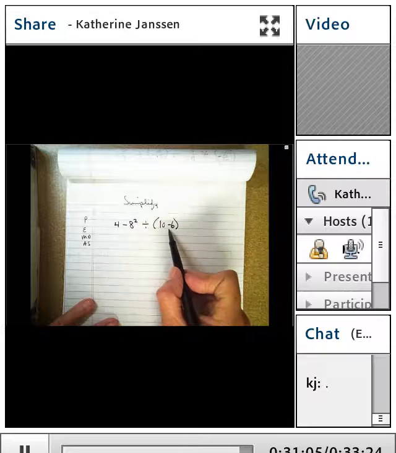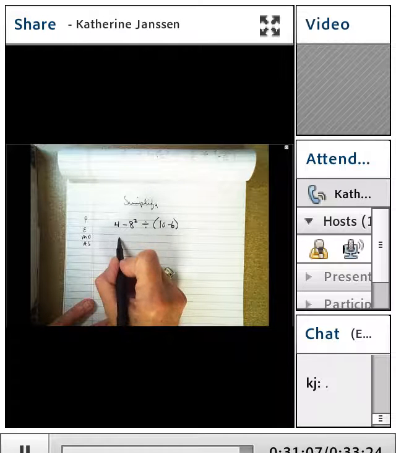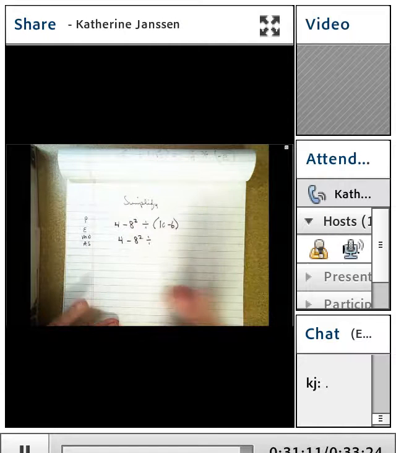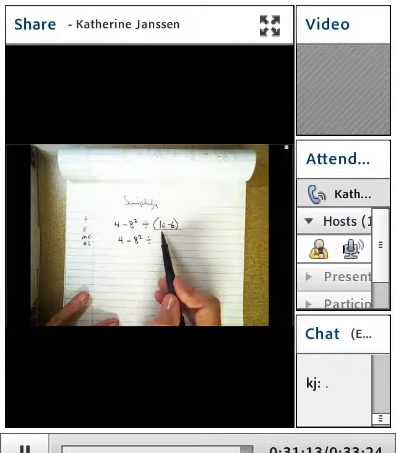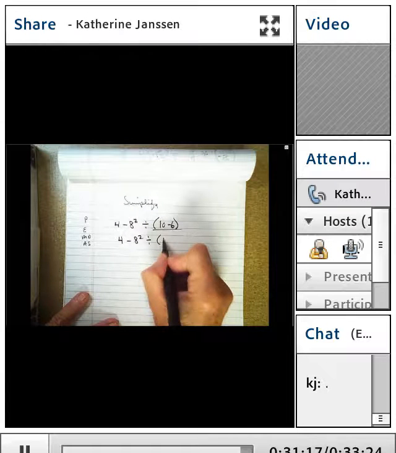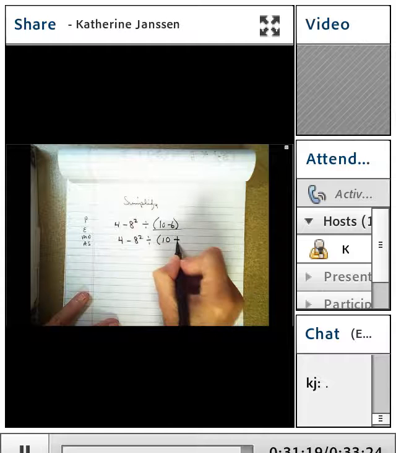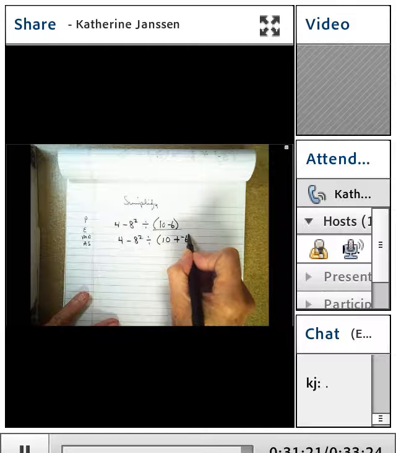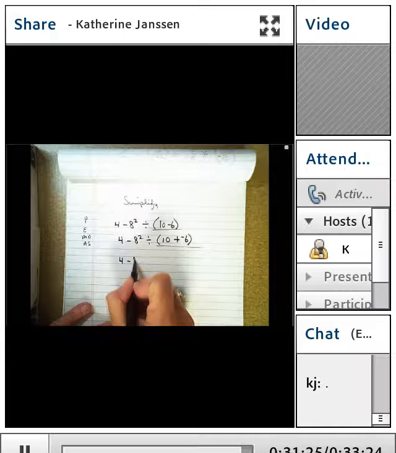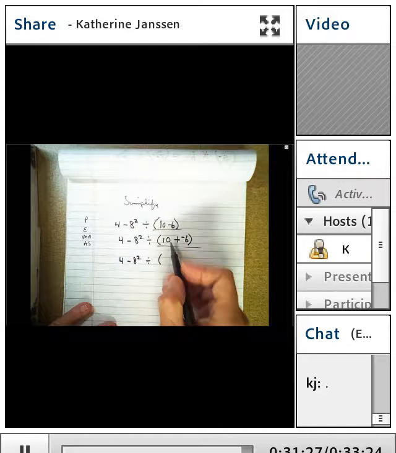Copy everything else down the same. Parentheses have priority. And that's subtraction, so I'm going to change subtraction to addition and add the opposite. 10 plus a negative 6 would be a positive 4.